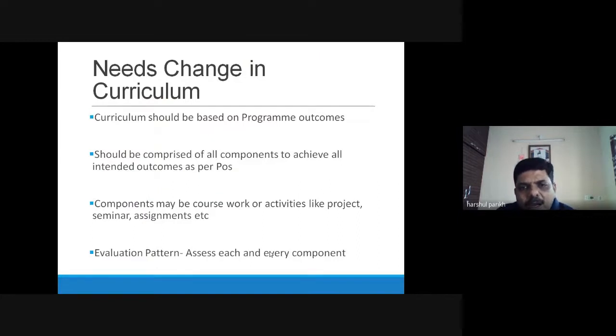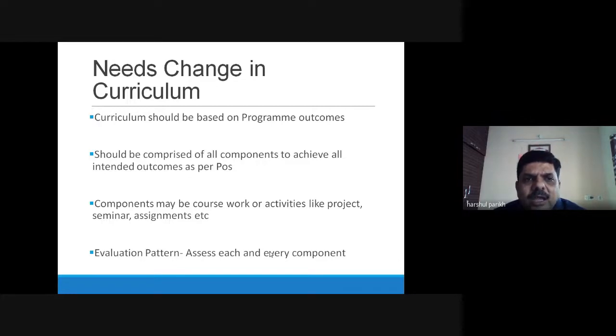So where to start? We all know the different cognitive domains. We also know the learning outcomes, like course outcomes and program outcomes, so I'm not discussing that.